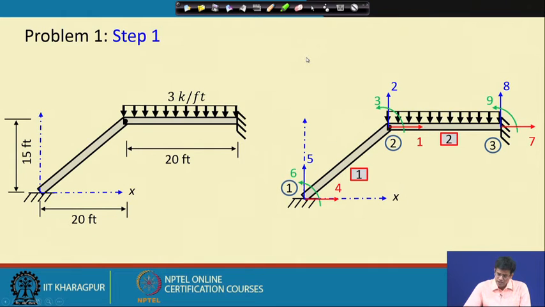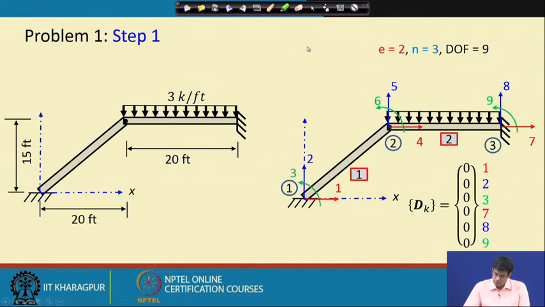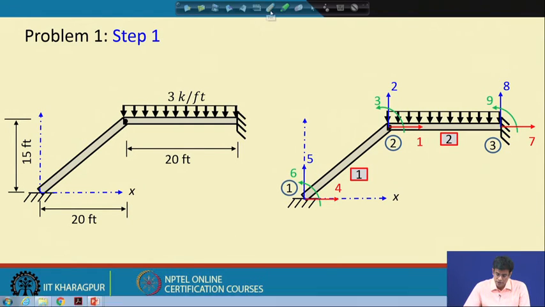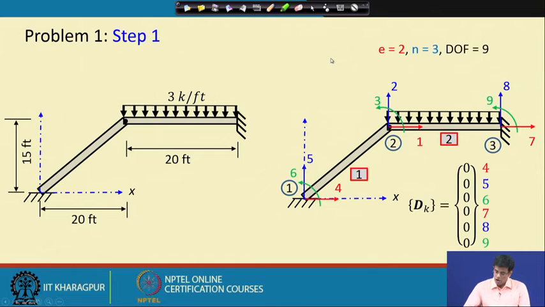Now, if I just shift these 2 degrees of freedom, that is, if 1, 2, 3 I put here, and 4, 5, 6 I put here, then you see node 1 actually contains the 4, 5, 6 degrees of freedom, and node 2 is essentially 1, 2, 3 degrees of freedom, and node 3 remains the same as in the previous case. So, let us proceed with this and see how it will be done.